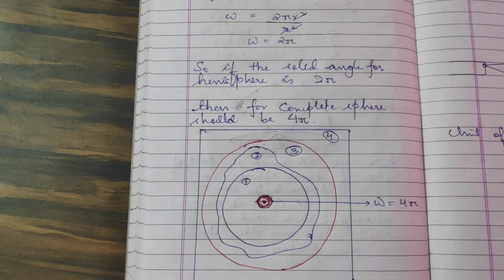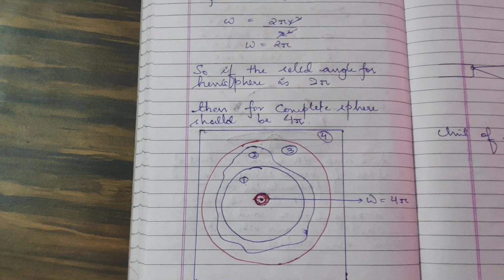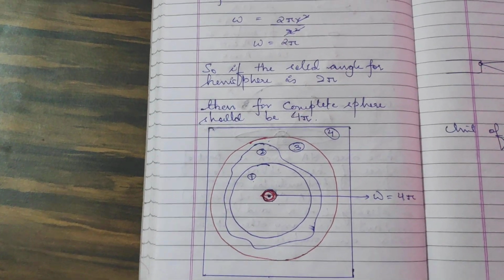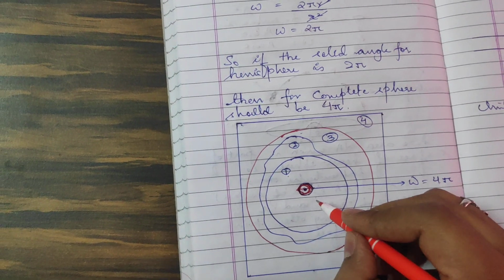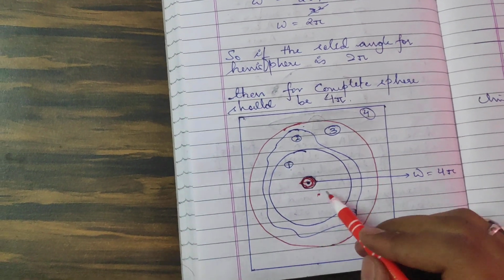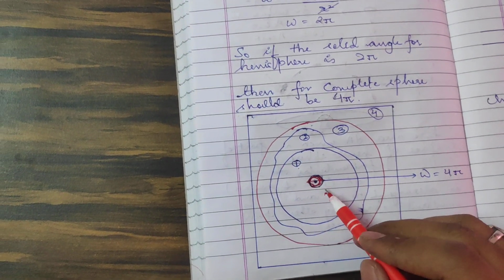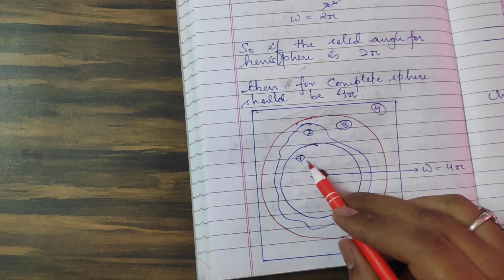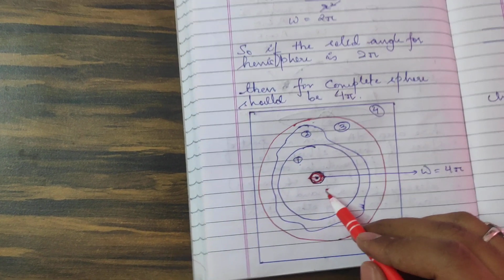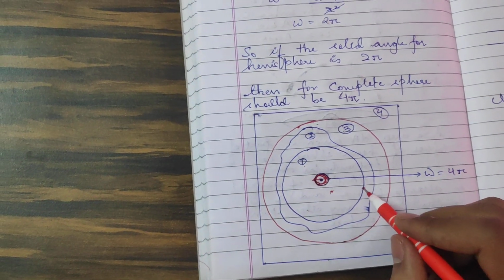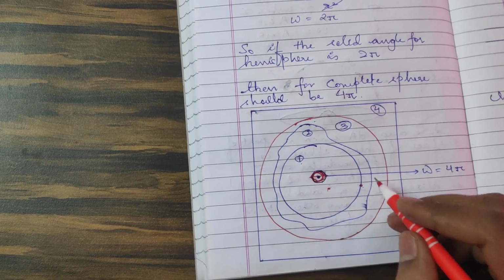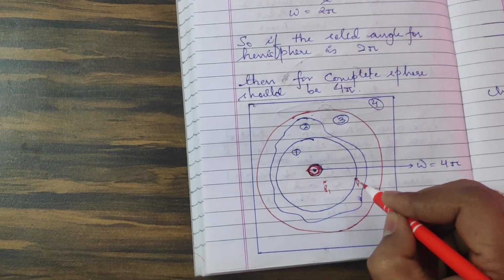Now, what does it mean? What is a closed surface? Suppose I take a point here. Now this point is inside 1. So 1 is a closed surface for this point. But if I take a point on the surface of 1, now this point is exposed. Let's call this point P1 and this point P2.